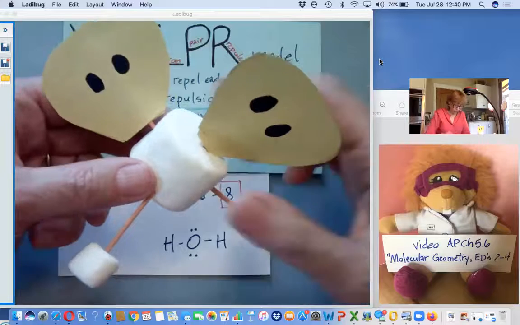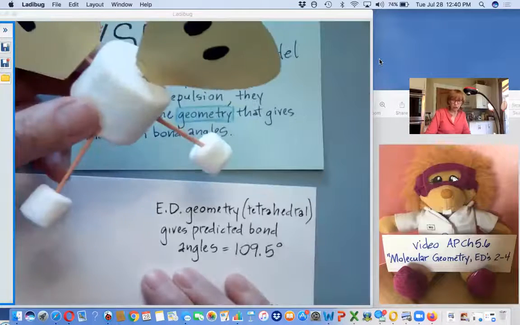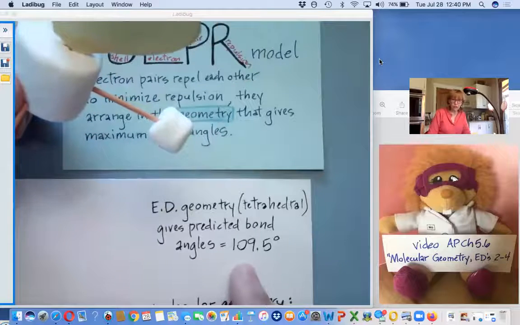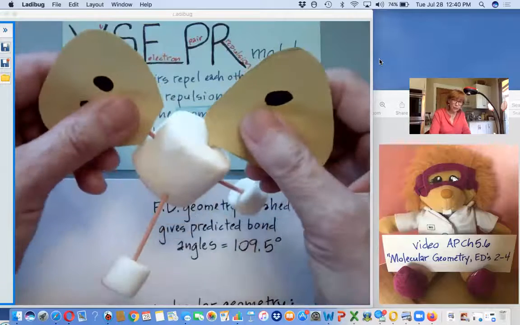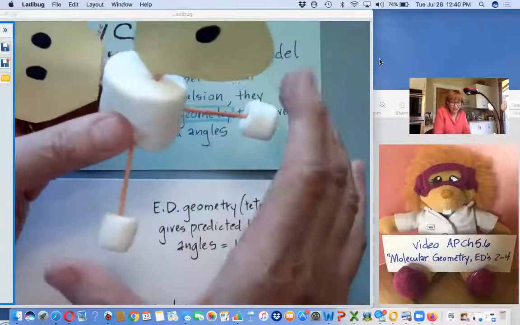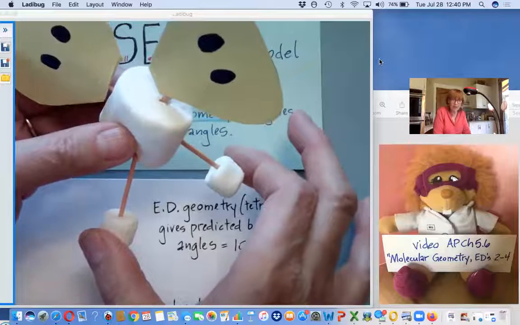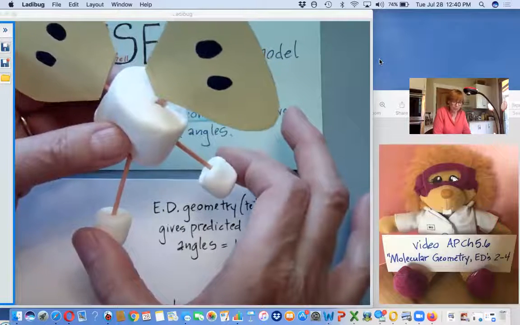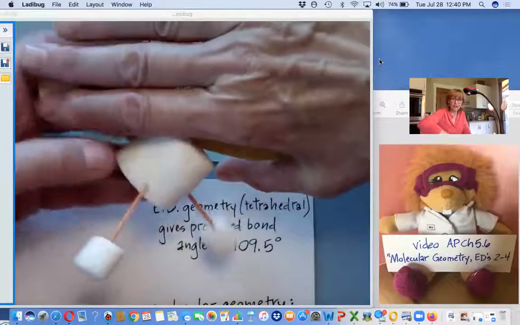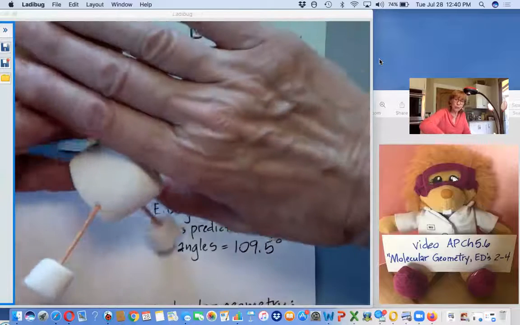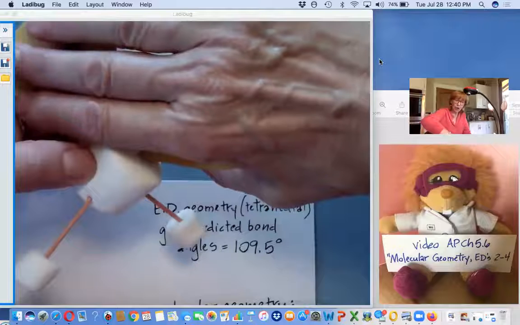All right, so we have here the tetrahedral geometry as our starting point with predicted angles of 109.5. But these 2 lone pairs really repel each other, causing the bond angle to distort even more than when we had only 1 non-bonding pair. So as we name the molecular geometry, again, in your mind's eye, you're ignoring the lone pairs and you're just looking at the atoms. 2 H's and an O for water.